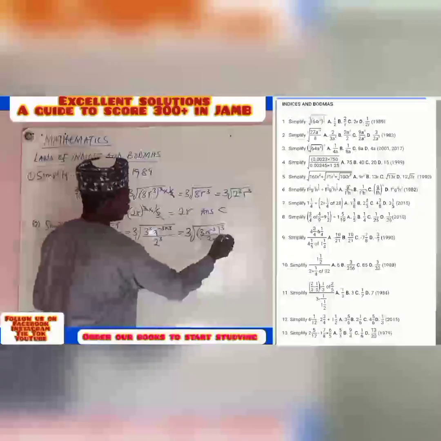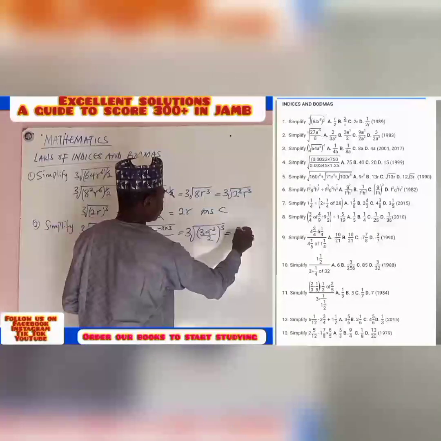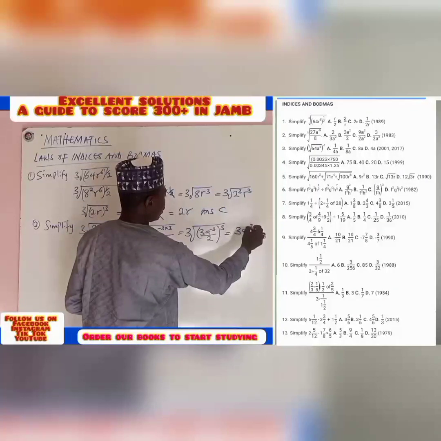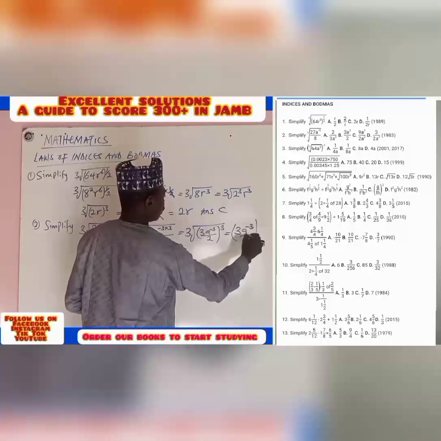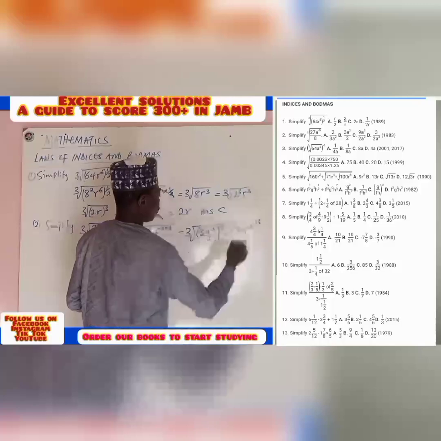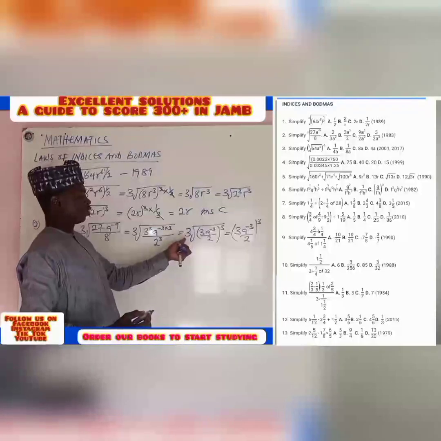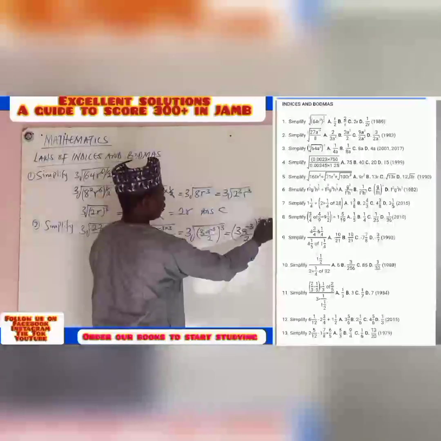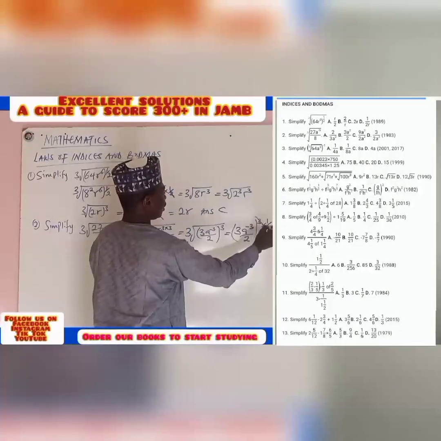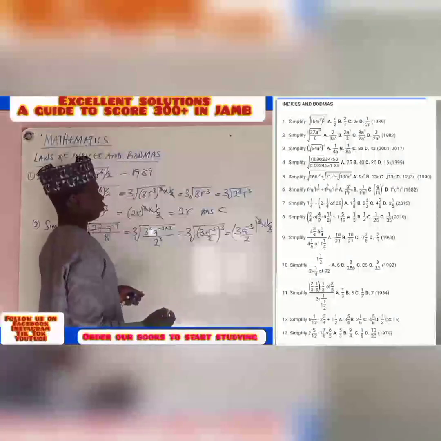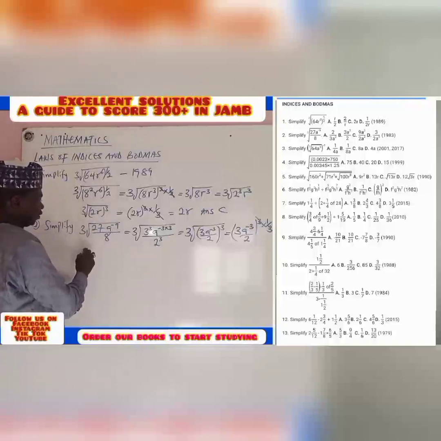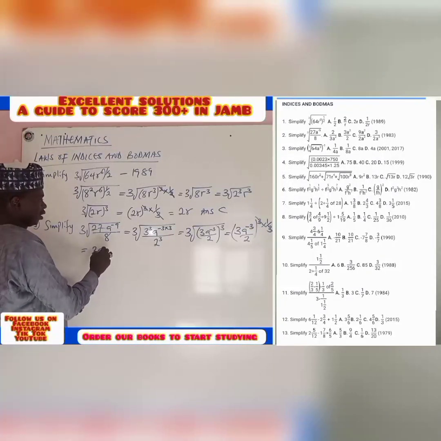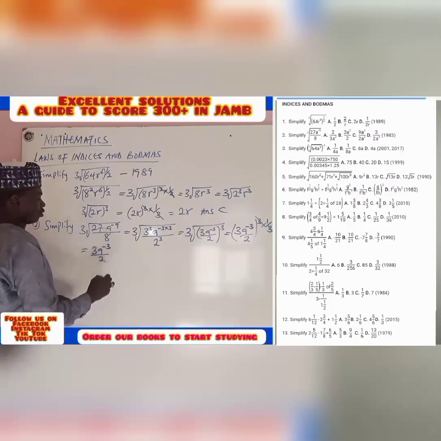So we can reduce this into (3a power minus 3 upon 2) raised to the power of 3, then the cube root is the same as times 1 over 3. The 3 cancels the 3, and we are left with 3a raised to the power of minus 3 upon 2.